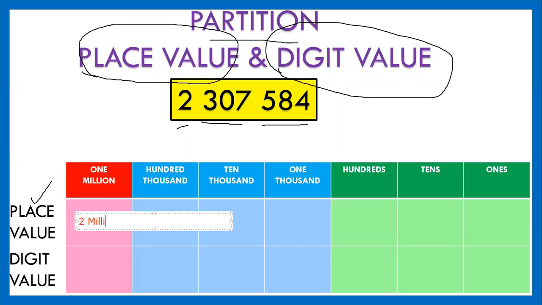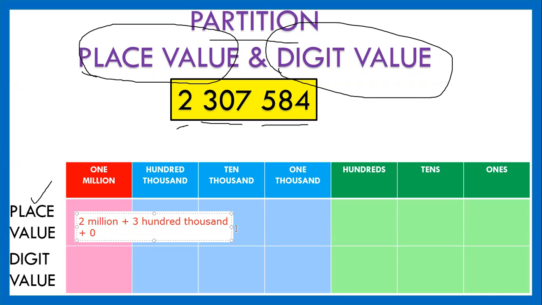It will be 2 million. Then I must use an addition symbol because I'm going to the next house now. The next house, the value is 3 there, but the house is 100,000. Of course, you don't have to put a capital letter here. All right, 300,000.